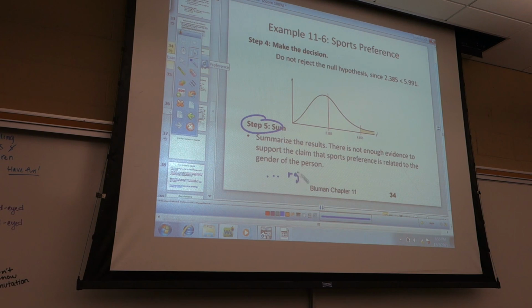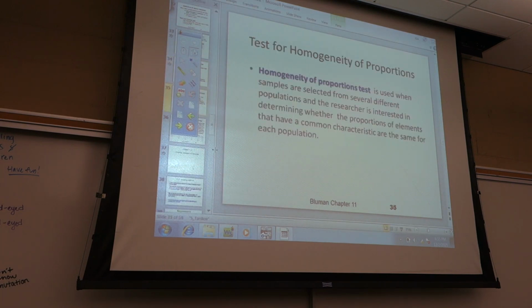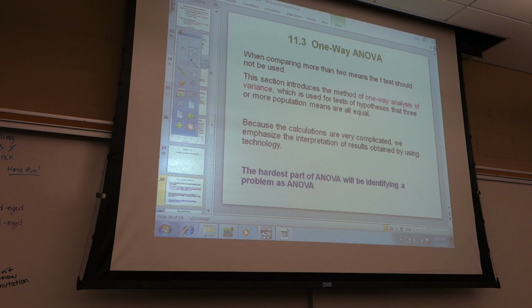Just reject claim... Oh no, that's bad. We knew that was going to happen, didn't we? We're going to skip the rest of this and get back to it next class, and we're going to jump into ANOVA.